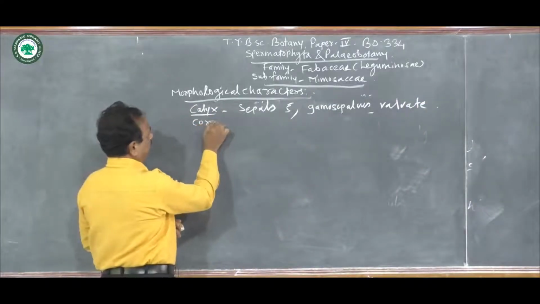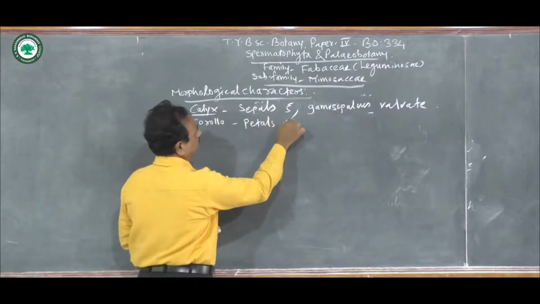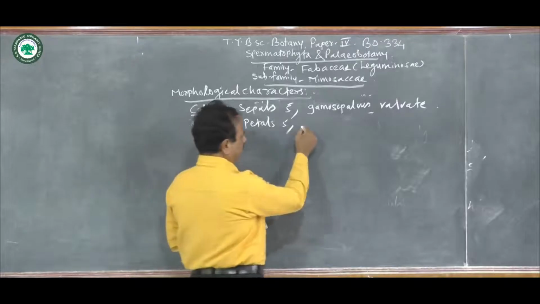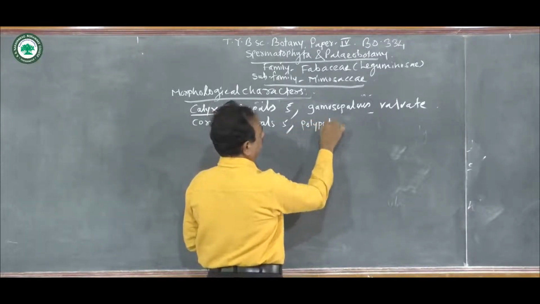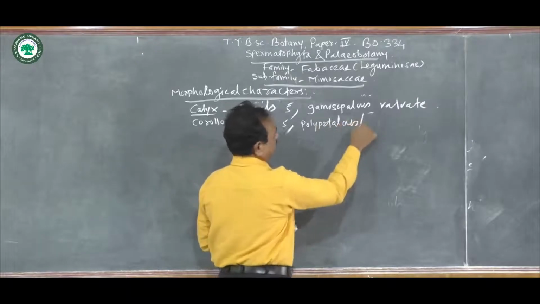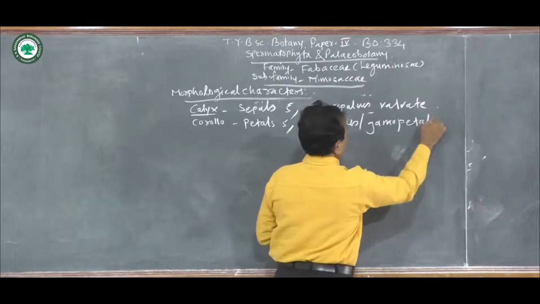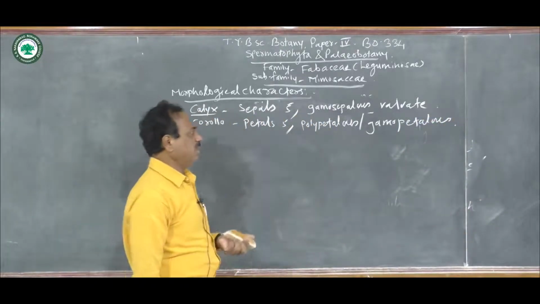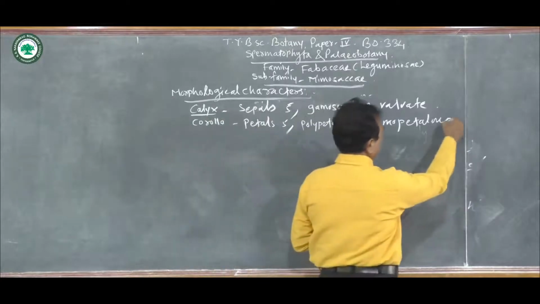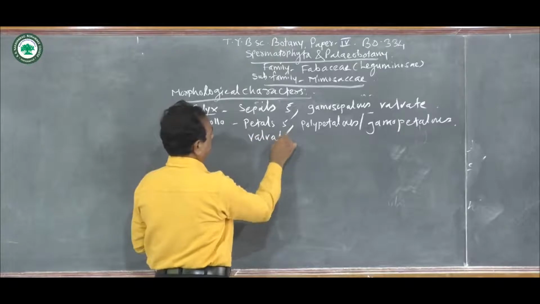The corolla has 5 petals. They may be free, polypetalous, in some plants, or united, gamopetalous. For example, in Acacia nilotica the petals are united, so it is gamopetalous with valvate aestivation.